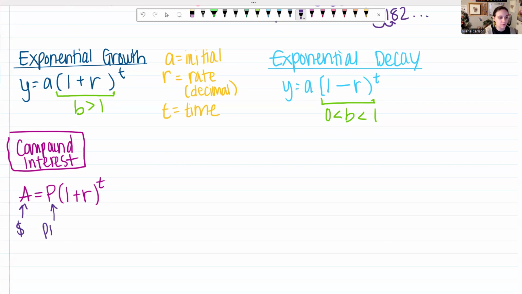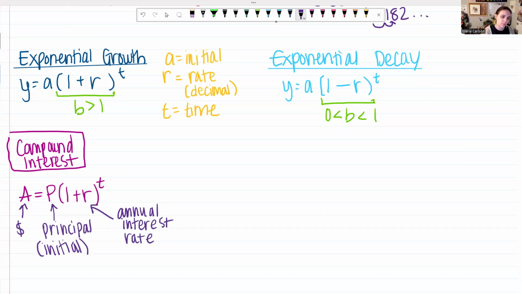P represents the principal value or the initial amount that you put into the account to begin with. R is your annual interest rate. And t is the number of years that you've been accumulating interest.